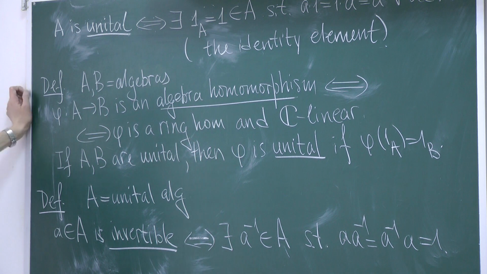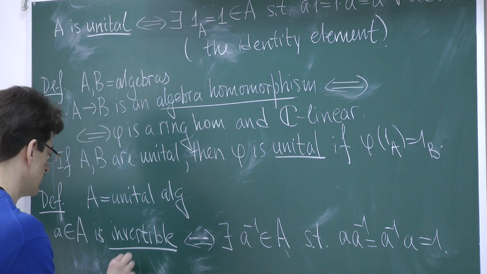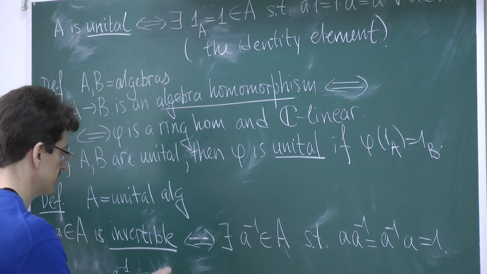And I suppose you know from your algebra course that if such an element exists, then it is unique. And it is called the inverse of A.